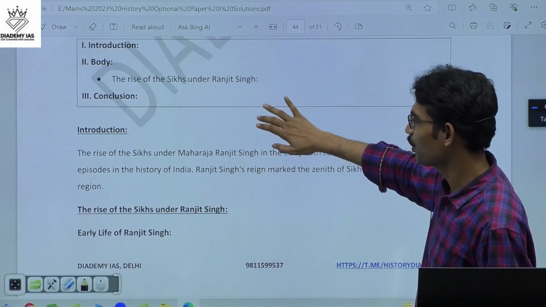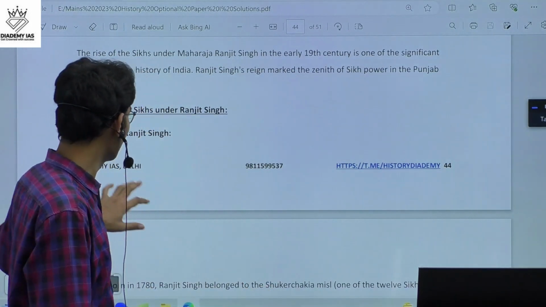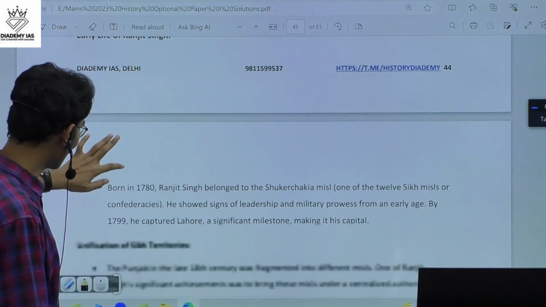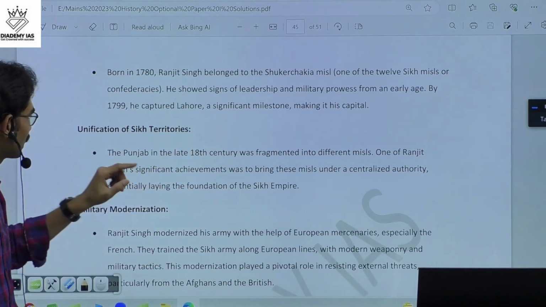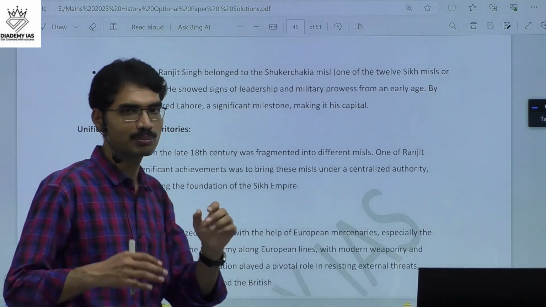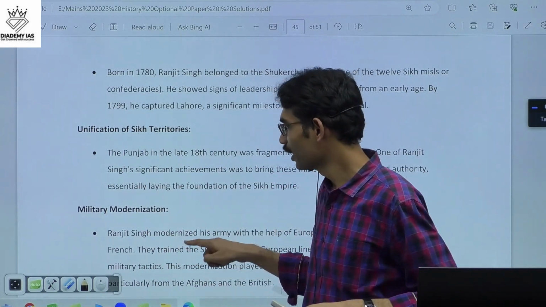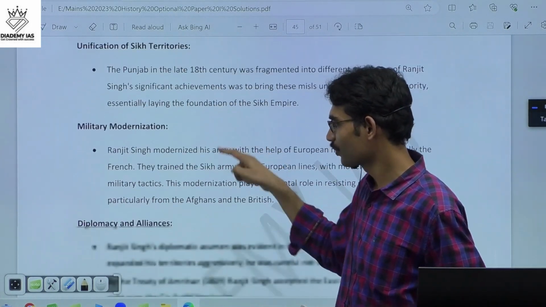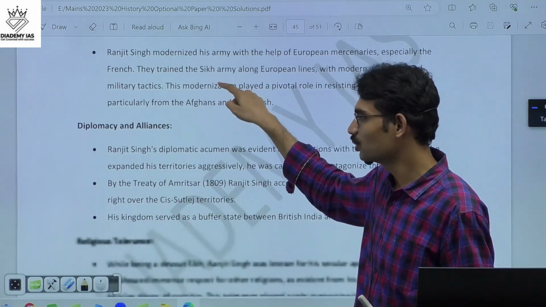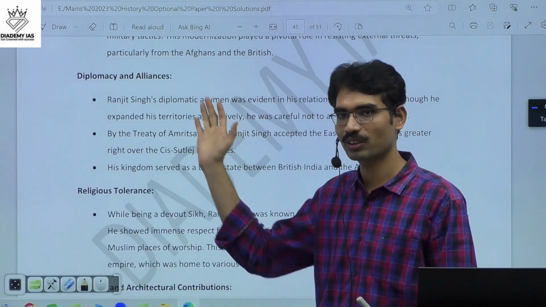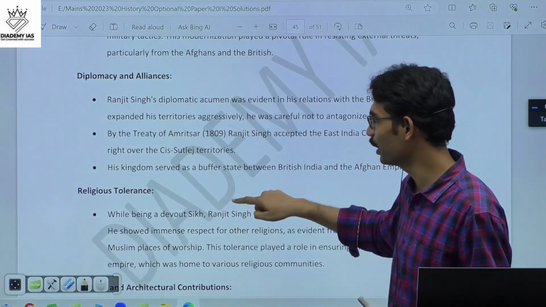You are going to write about the leadership of Ranjit Singh, how he was able to maintain a strong administration and unification of Sikh territories. Before him, there were so many Sikh territories. He unified them. Then he modernized the military. Then with his diplomacy and alliances, he was able to counter the threat of the British. The Britishers were expanding, and through diplomacy he was able to stop them.